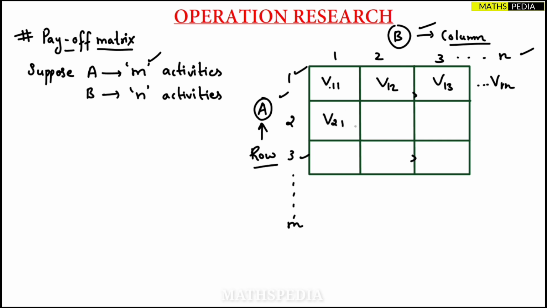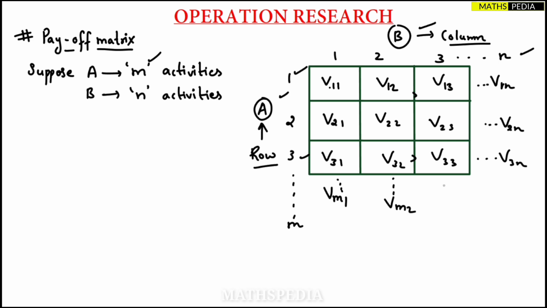Next will be v21, v22, v23 and so on till v2n. Here also v31, v32, v33 and so on till v3n. In the last row, what will it be? It is nothing but vm1, then vm2 and vm3.